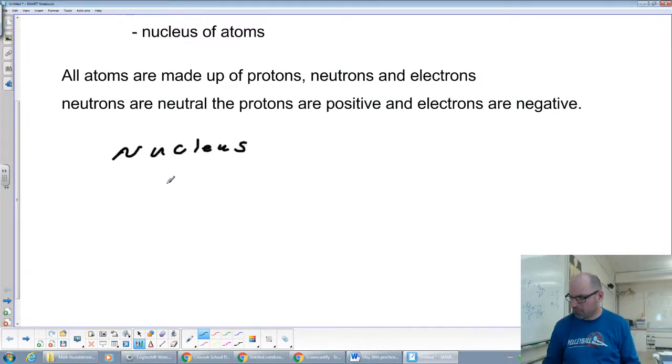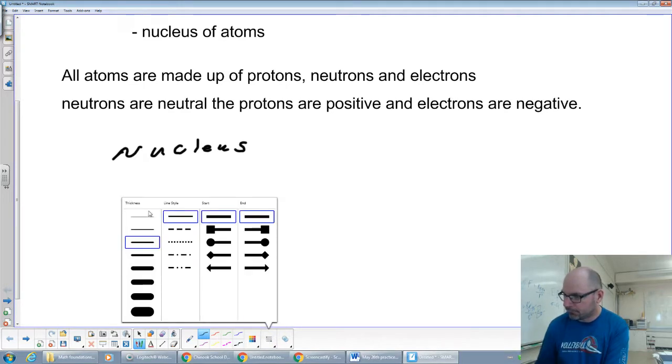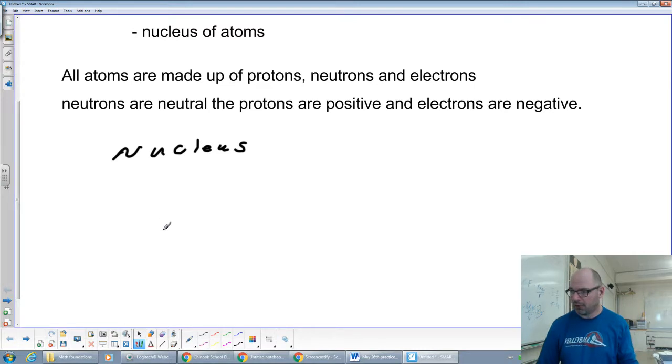If we have a nucleus, let me just fix this up a little better here. It's too fat. Now in our nucleus we have some protons, and we'll throw in a few neutrons there.